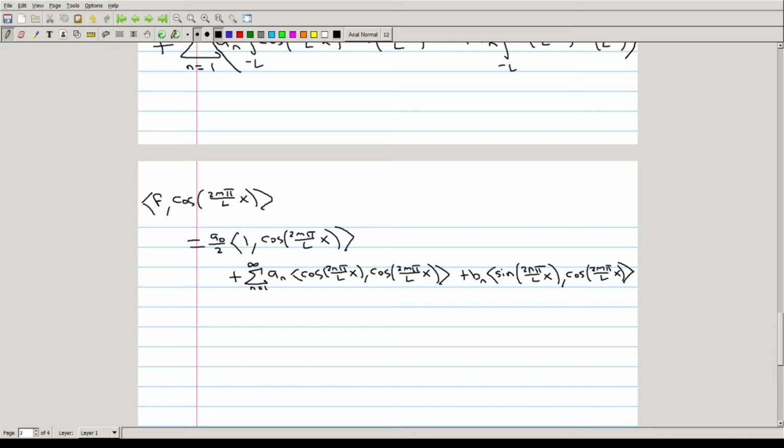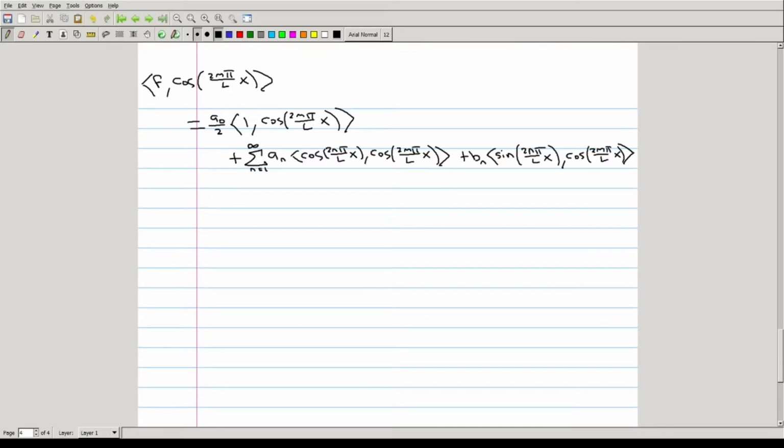We can look at each one of these inner products and see what's going to happen, and we have something that's remarkable here.